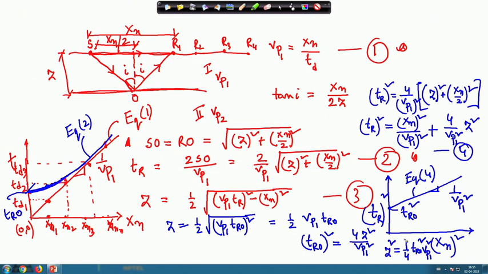V_p1 square we are getting from here and T_r0 we are getting from here, and then we will get the z value. So, in the second method, instead of using two different curves, by one curve we are getting V_p1 as well as the z value, but still those limitations that I have discussed will remain.